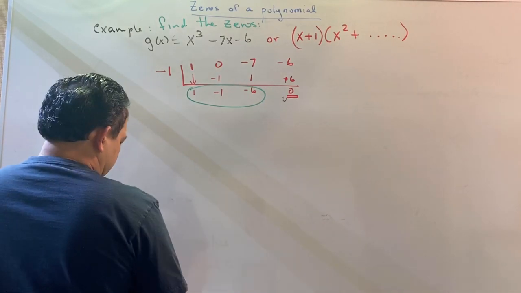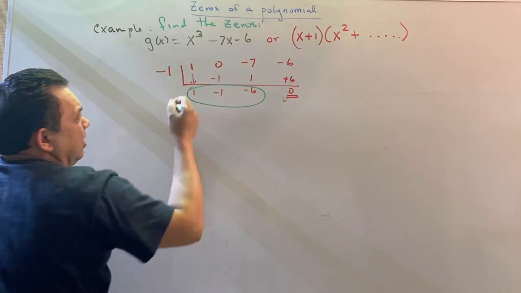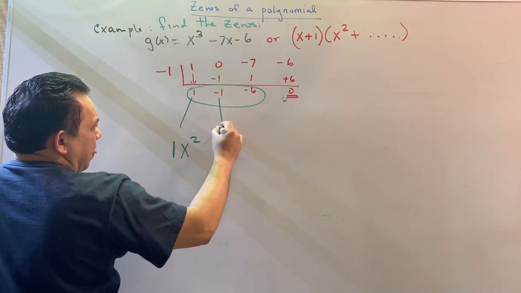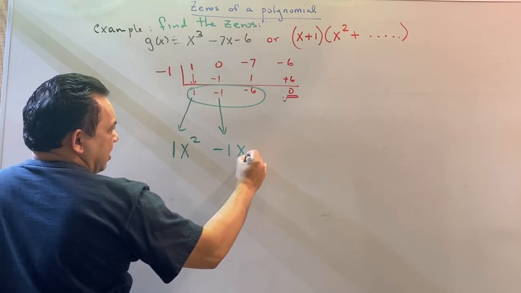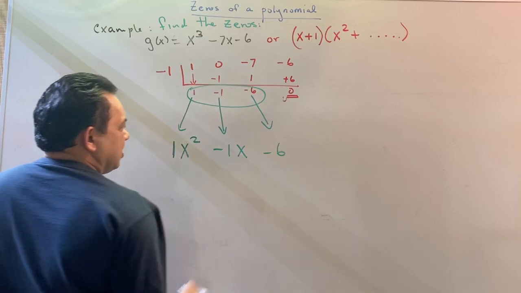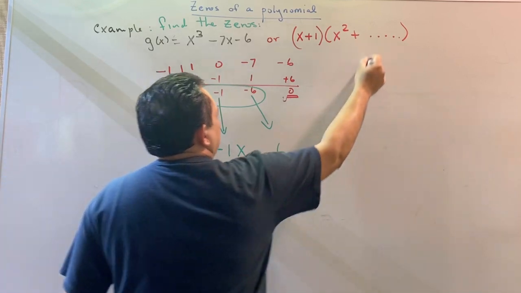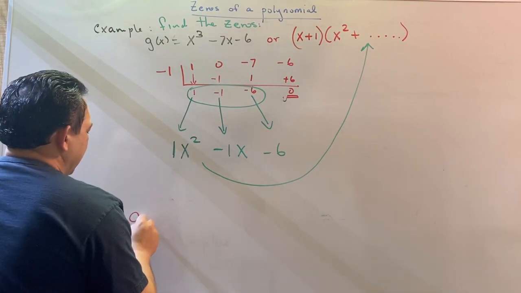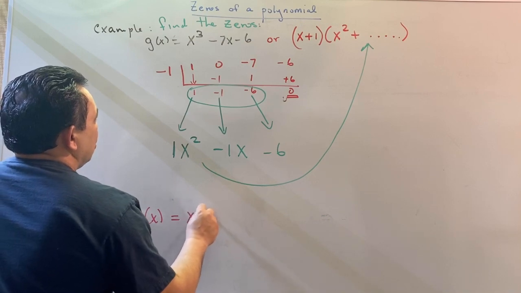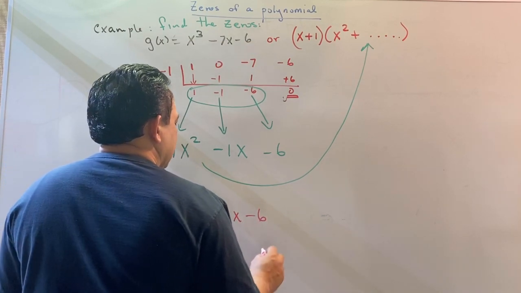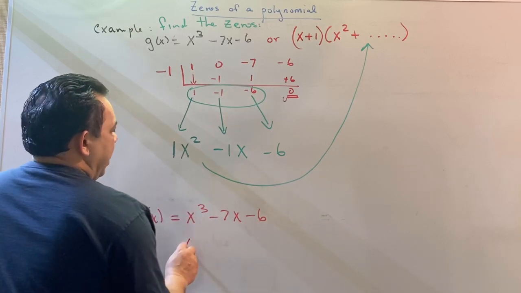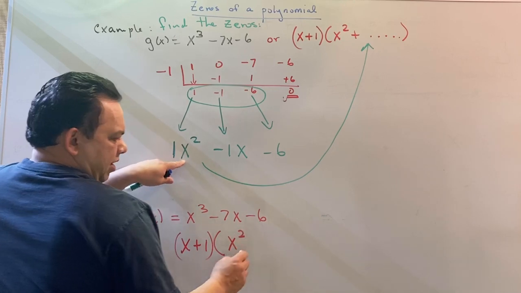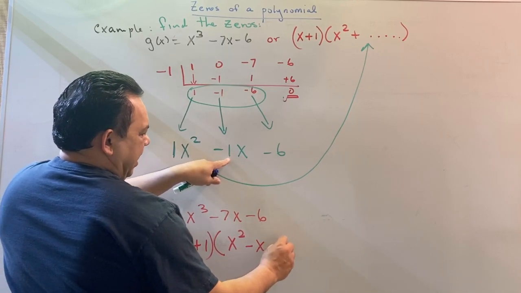So this implies that, since this is a cubic, the degree will decrease. So we have 1x squared minus 1x minus 6, and this is the quadratic that will go in here. So g of x, which is x cubed minus 7x minus 6, can be written as x plus 1 times x squared minus x minus 6.